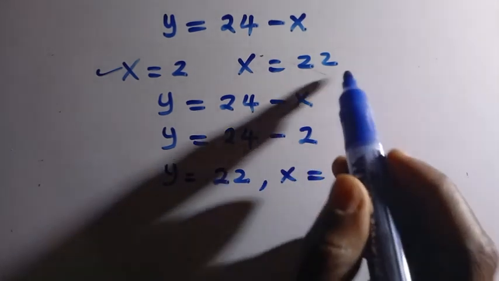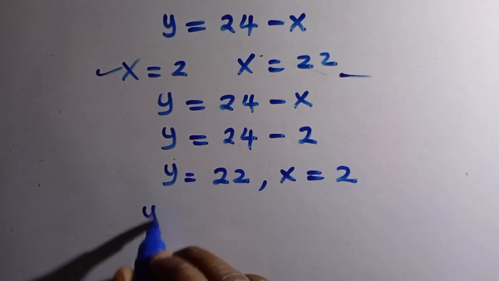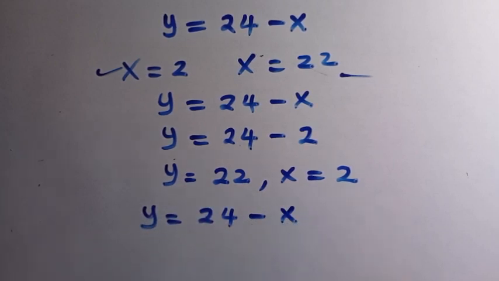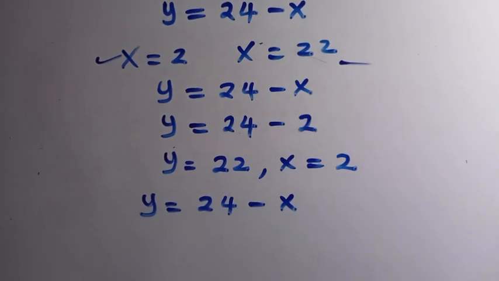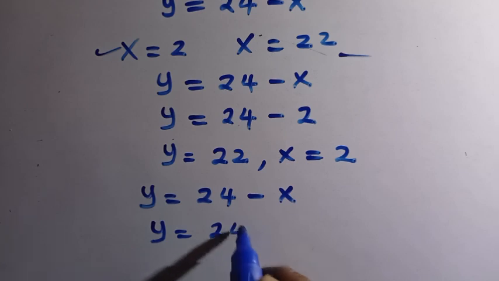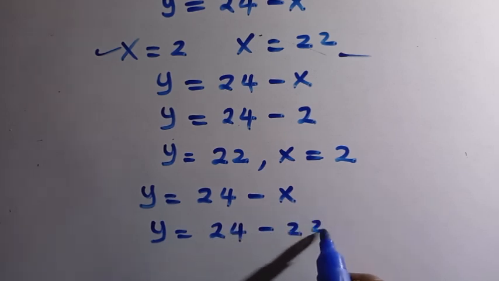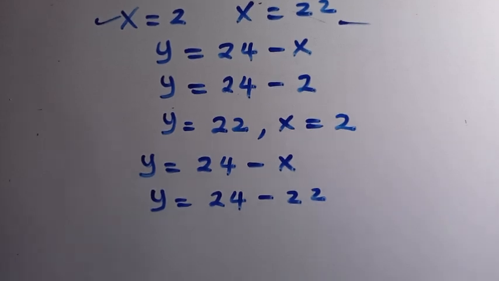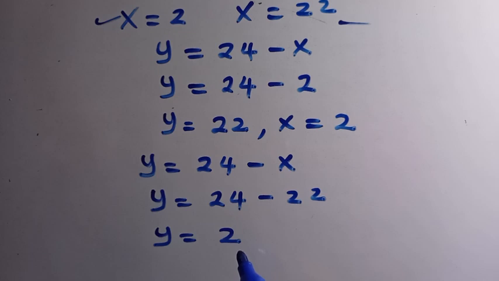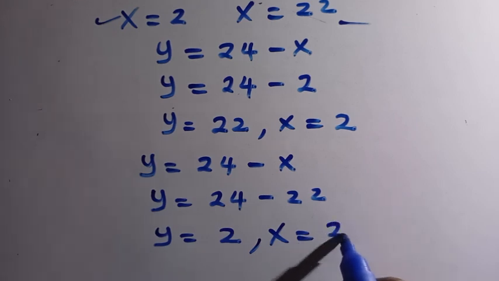And also for this one we have y equals 24 minus x. So when x equals 22, we have y equals 24 minus 22, and here we have y equals 2. So then we have x equals 22.